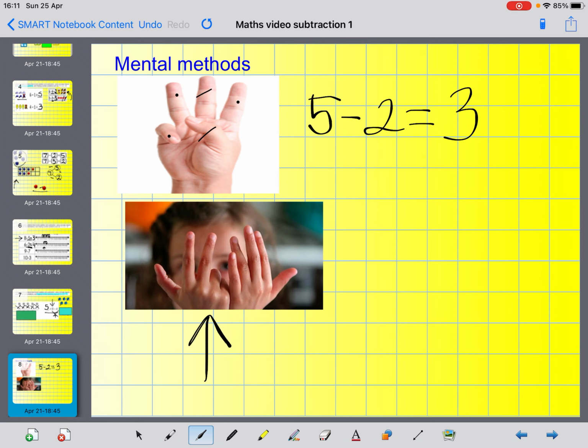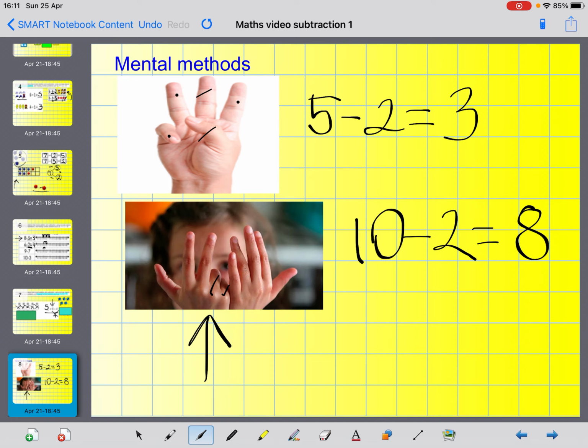Let's look at the next example, next picture over here. I've got in both hands 10 fingers, and I moved only 2 fingers away here, subtract 2. So I know 10 fingers, and I physically move my 2 fingers away, which means it's only 8 left.